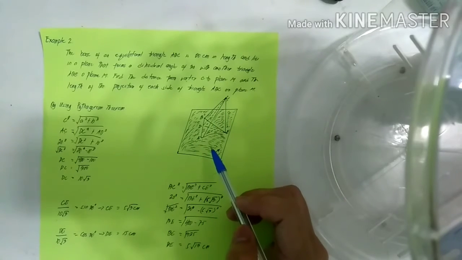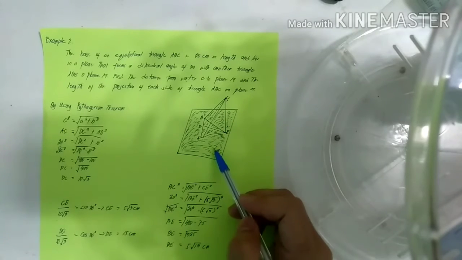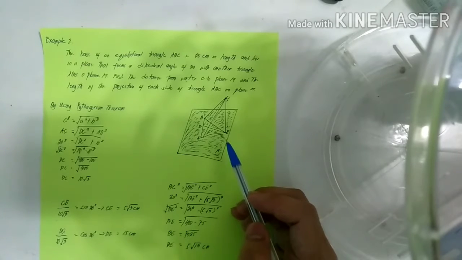The shortest distance from vertex C to plane M is the line segment CE perpendicular to the plane. Thus, if you draw a line connecting vertex C to the midpoint D of AB, the line segment forms a right triangle CED with CE as the altitude.